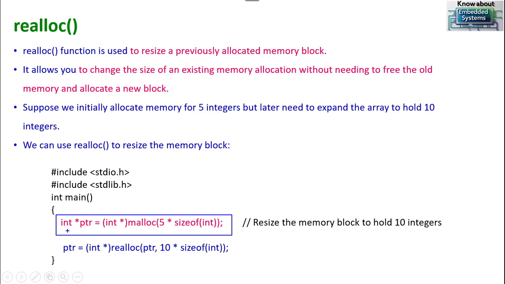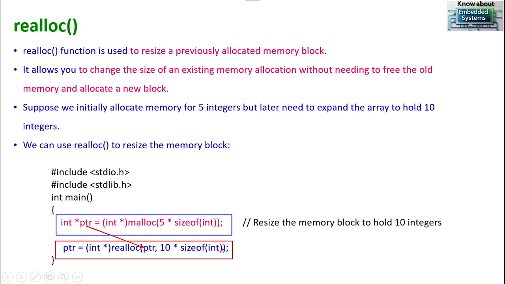In the first line, but in future, if I want to change it, I have to use it like this. I'll be using the realloc function. The pointer which I'm going to use, I need to mention here, followed by how much size I want, and followed by size of integer.